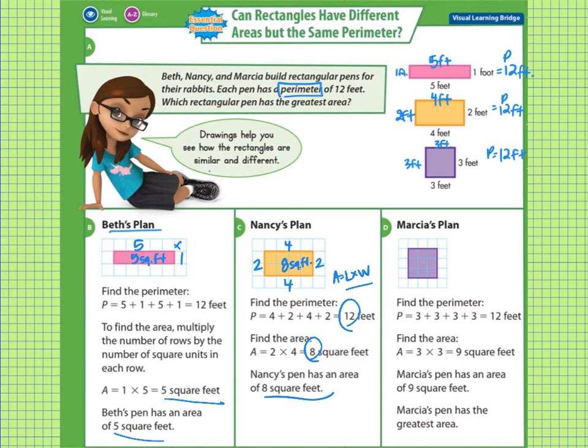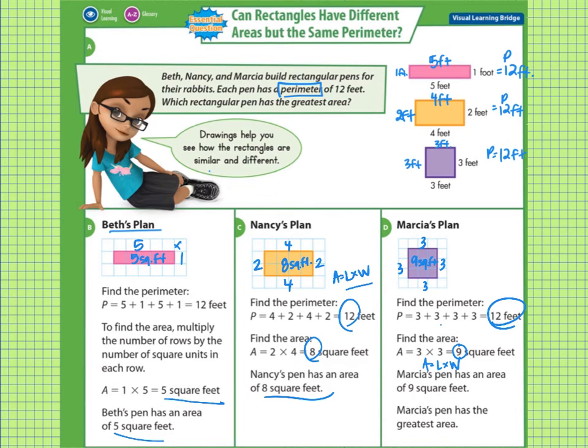So we know Marcia's is a square, and all of these sides are the same length. So if we add up all of her sides, 3 plus 3 plus 3 plus 3, we get 12 feet, okay, her perimeter. And let's go ahead and find the area. So we find area again by length times width, and 3 times 3 gives us 9, so 9 square feet.